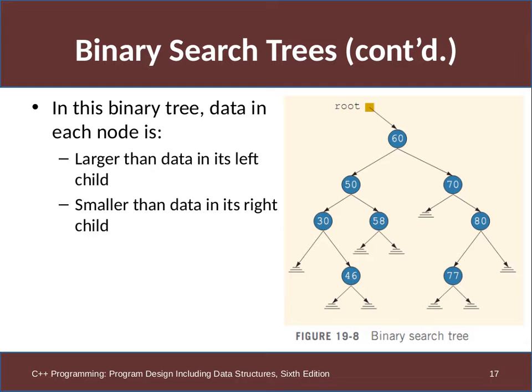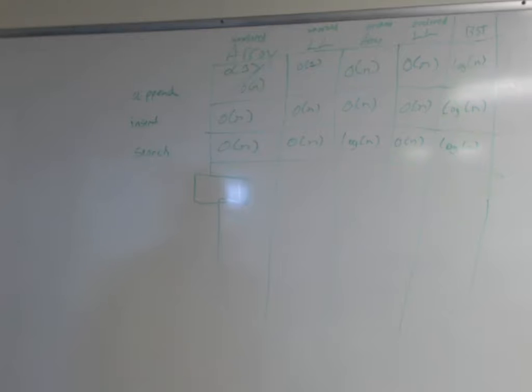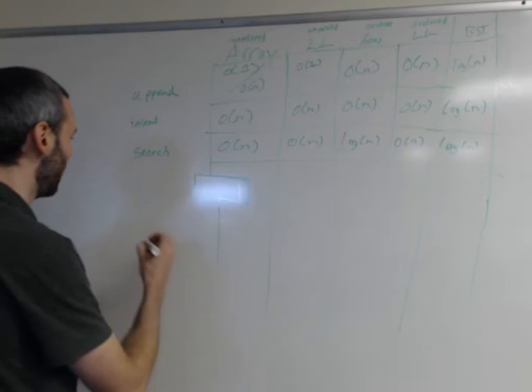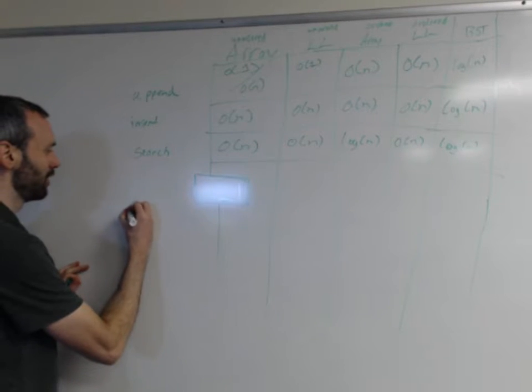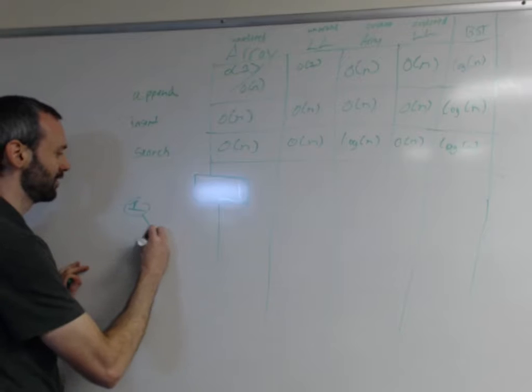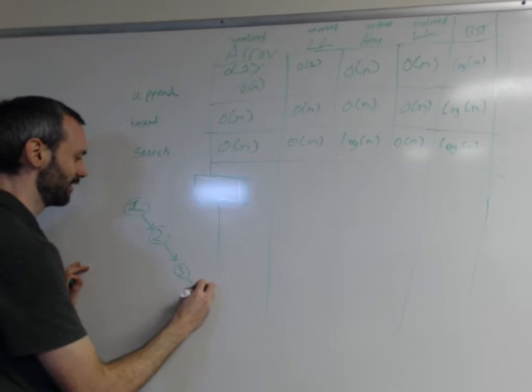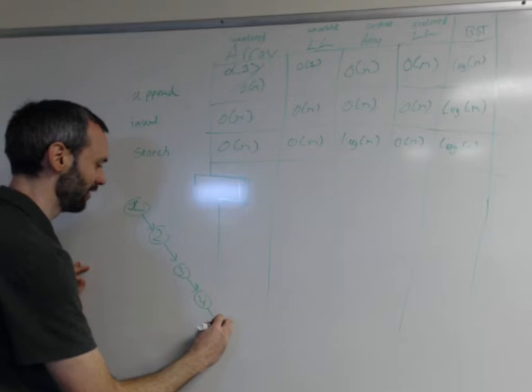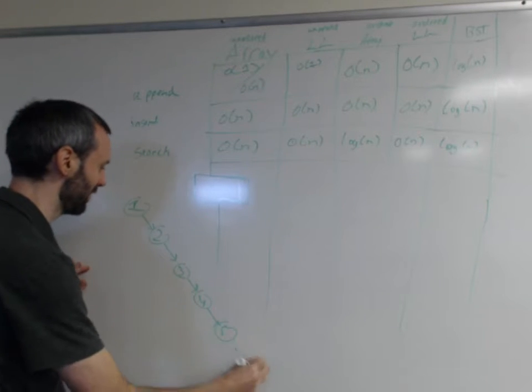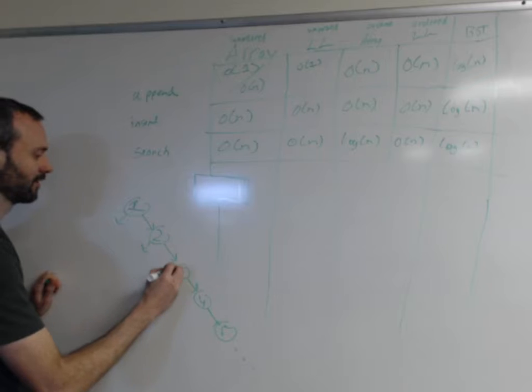What could happen to our binary search tree? It could be all one side. Uh-oh. Which basically turns it into a linked list. Because what if we had 1, we had 2, we had 3, and we had 4, and we had 5, and then all these were pointing to nothing.